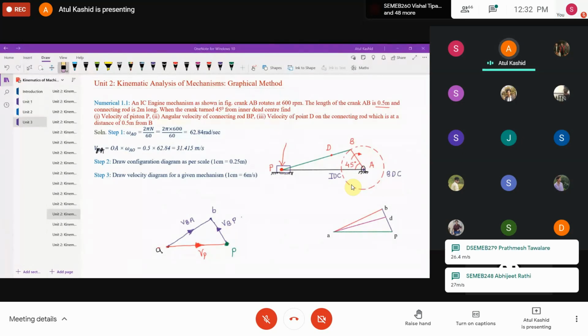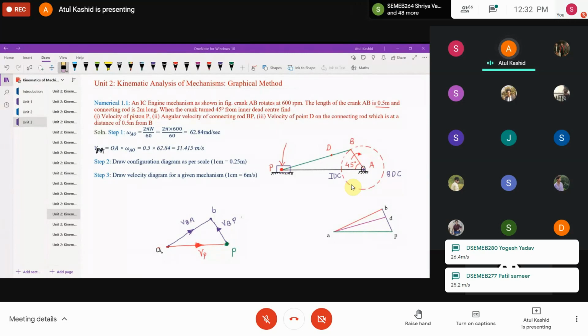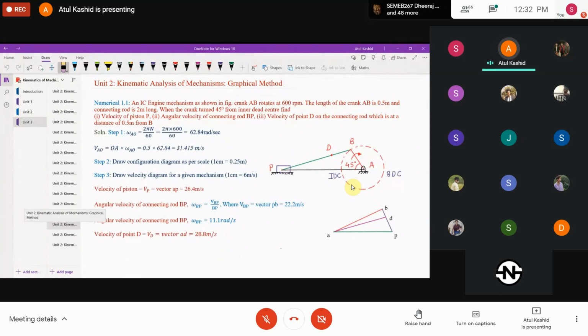Cross-check your answer with others. Some are getting 27 meter per second, some 26.4, some 25.2. So there is up to plus minus 2 meter per second error. I will check the answer on the next slide.